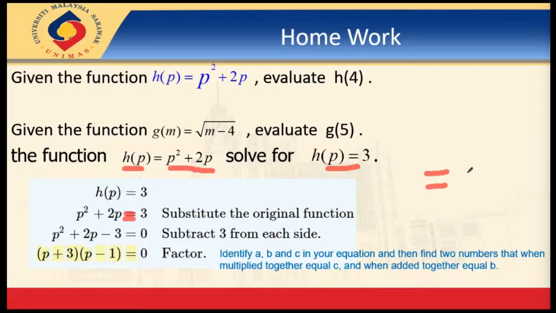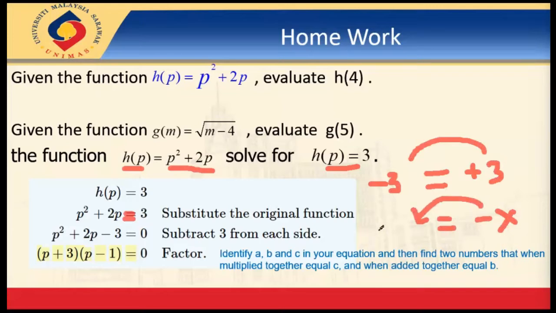For example, if you bring plus 3 from the right hand side to the left hand side, it will become minus 3. If you bring minus 3 or minus x to the other side of the equal sign, its symbol will change. It will become plus x, and vice versa. Still the same rule applies.